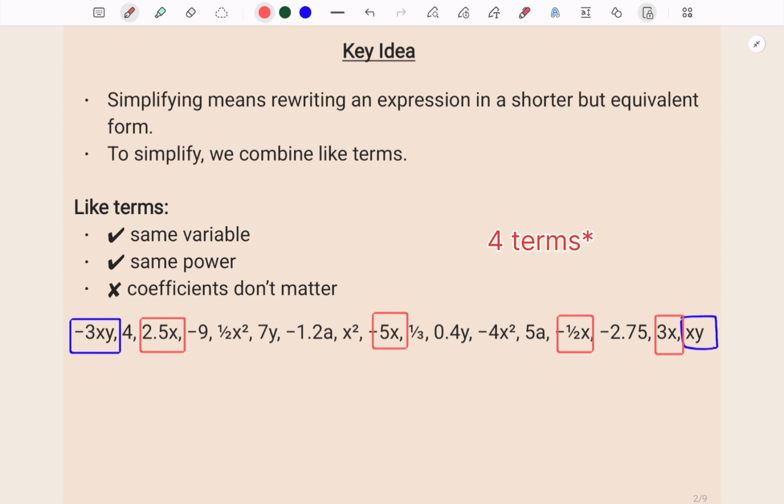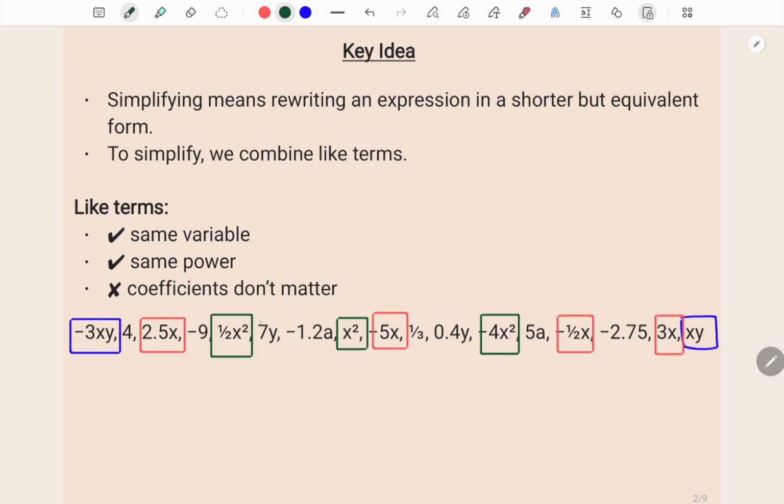So these three terms are also like terms. Again, if we look closely, we have here 1 by 2 x squared. Here we have x squared, and here we have minus 4x squared. So all these three terms are like terms.